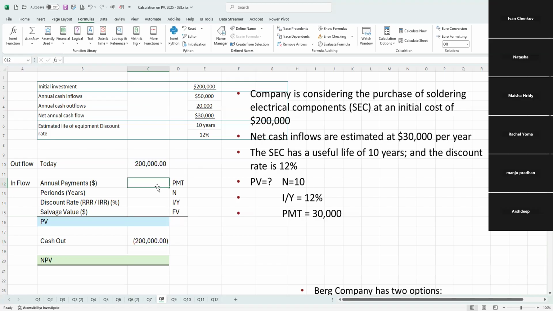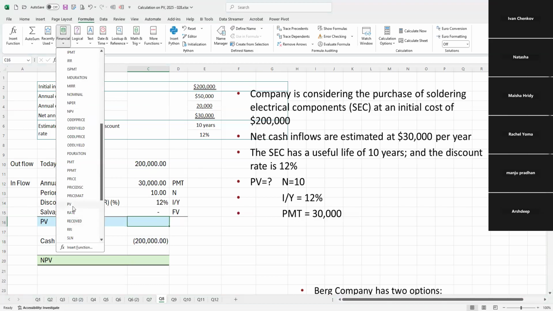What are we going to get? Payment, how much are we going to get? 30,000 per year. How many years? 10 years. What's our rate of return that we want? 12%. Any residual value? No. So let's do the calculation.